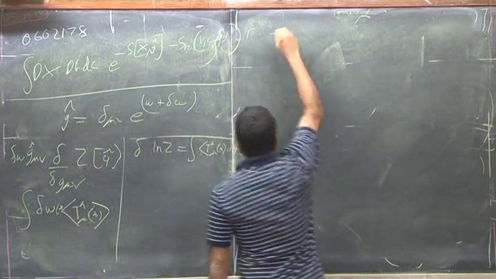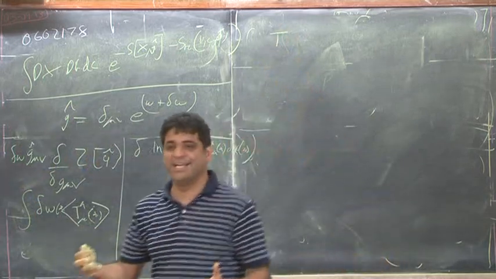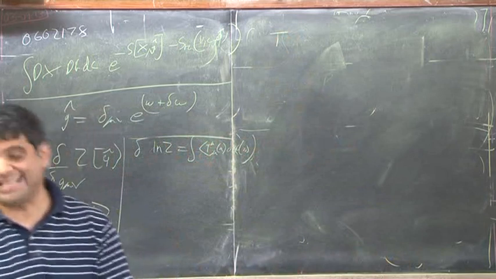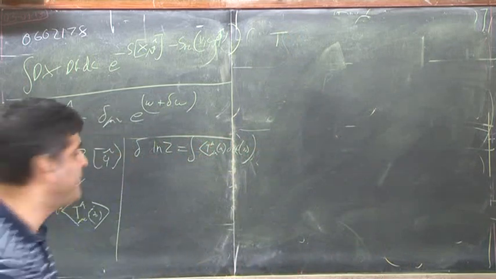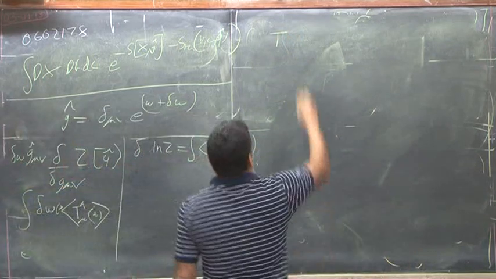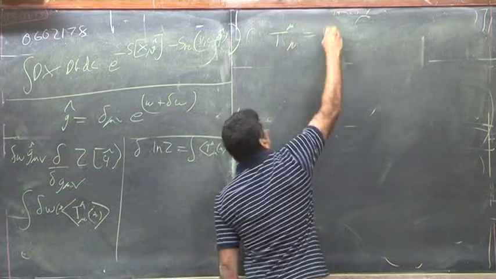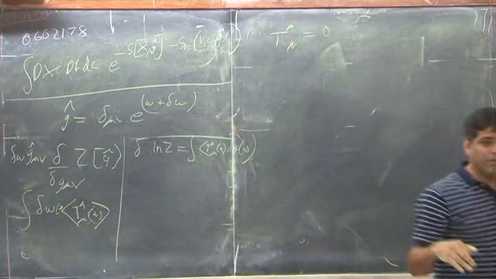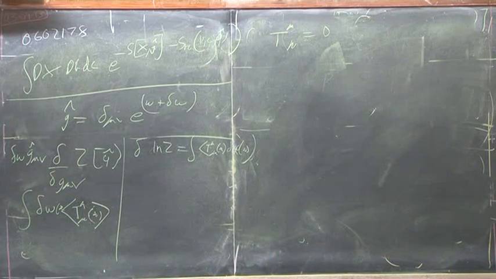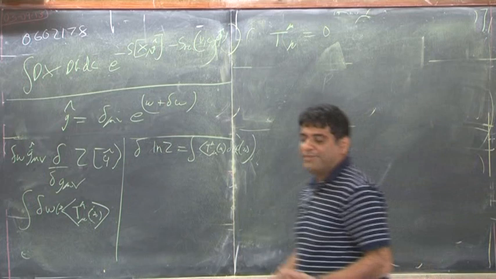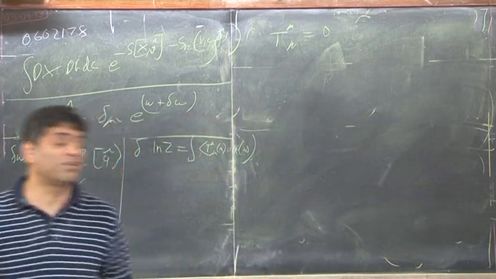Suppose, naively, classically, certainly T, the trace of the stress tensor, T^mu_mu, is equal to 0. And certainly it's 0 when our W function is constant. Now, suppose it's not 0 when W is not constant.